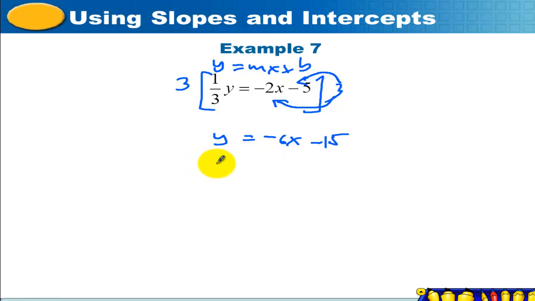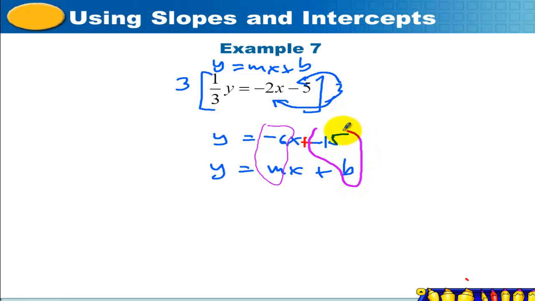Now, this equation is already in slope-intercept form. We just need to rewrite our answer as negative 6x plus negative 15 so that we can match the slope and the y-intercept. So my slope is the number besides my x and the y-intercept is negative 15.